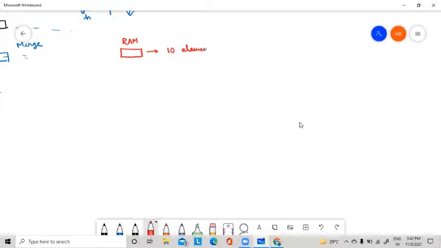We are assuming that this is our RAM, and this RAM can store 10 elements at a time. Now suppose I have 11 elements. I have how many elements? I have 11 elements. Now I have to sort them. Whatever sorting I am performing, ultimately I am performing the sorting in our RAM.